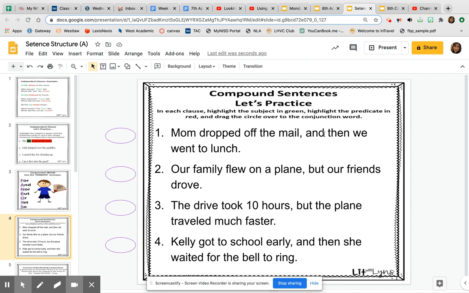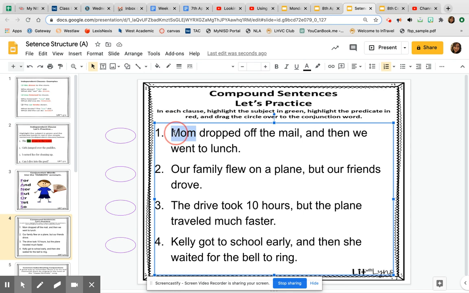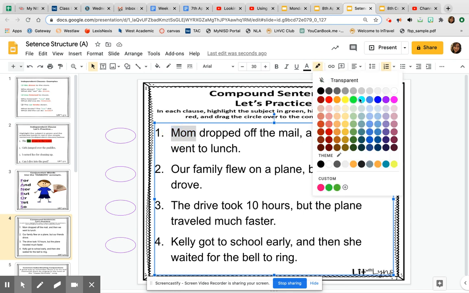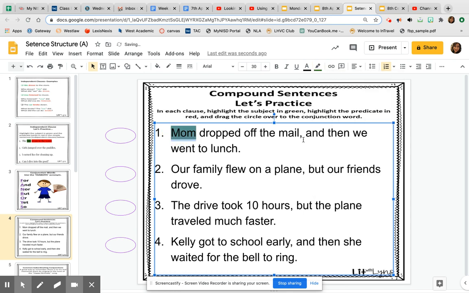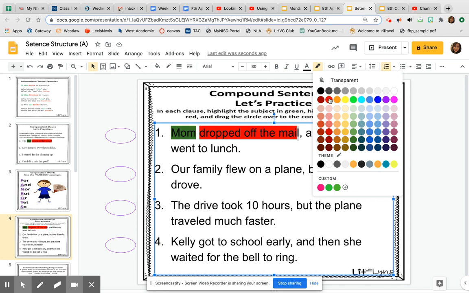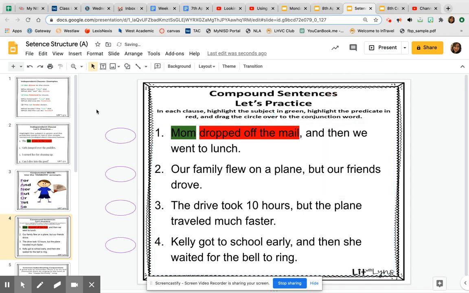Mom dropped off the mail, and then we went to lunch. So we know our subject is mom, and that's going to be in green. What did mom do? Mom dropped off the mail. So here's our predicate. Oops, I should probably get that L right there. And where is our conjunction?